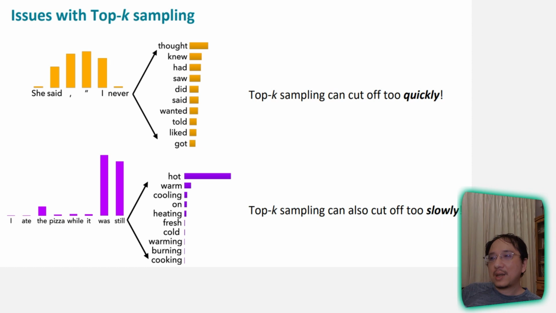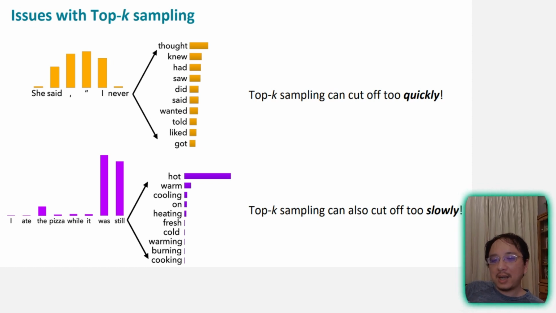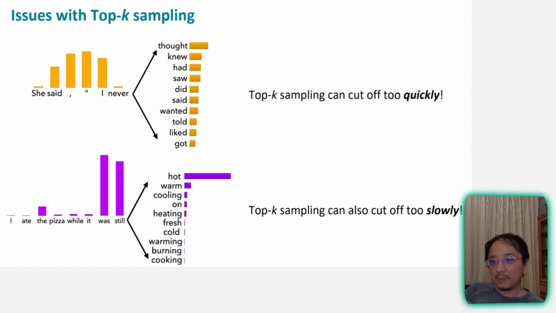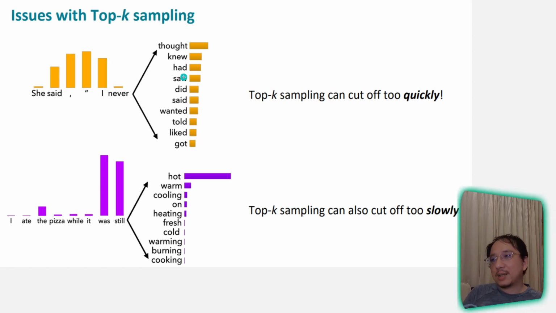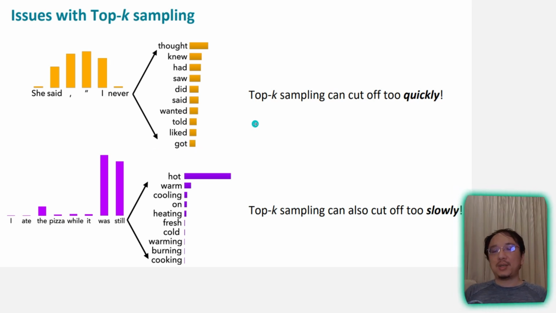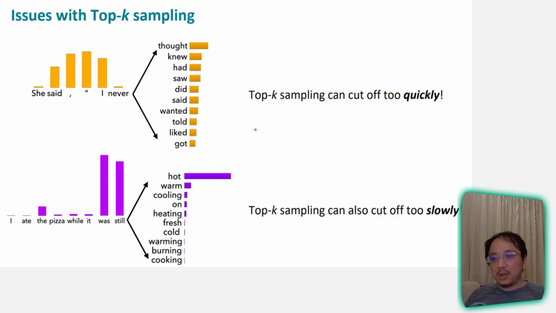So here is an illustration of the possible situations where top k sampling doesn't work too well. One example is that we cut the list too early. There are a lot of words we might wish to keep, so there may be more than k words that we want to keep.